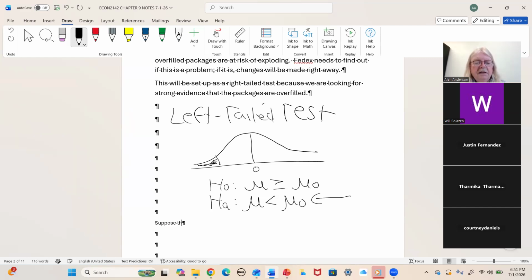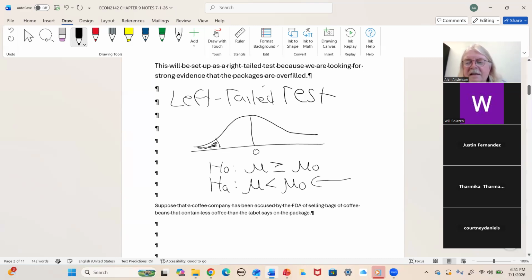that a coffee company has been accused by the FDA of selling bags of coffee beans that contain less coffee than the label says on the package.